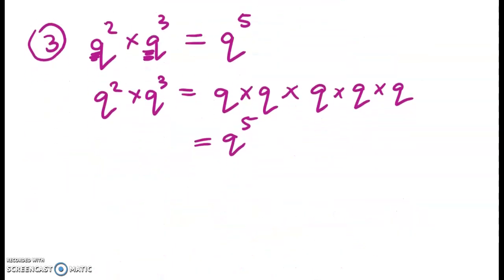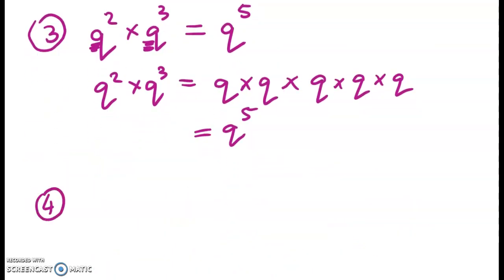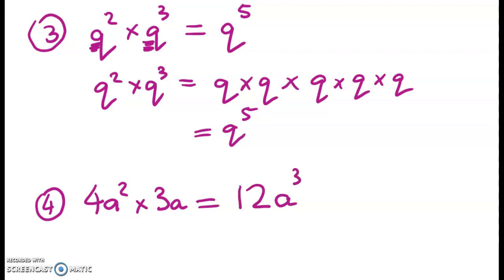Okay, number 4, 4a squared times 3a is equal to 12a to the power of 3. So this 3a here is 3a to the power of 1. Writing that one out the long way, we get this.